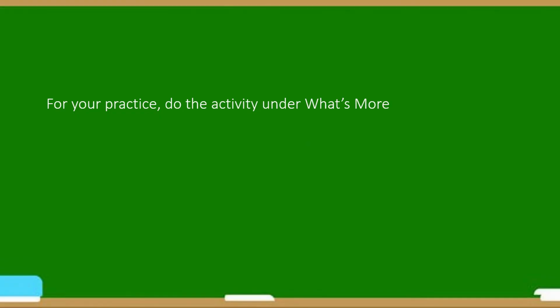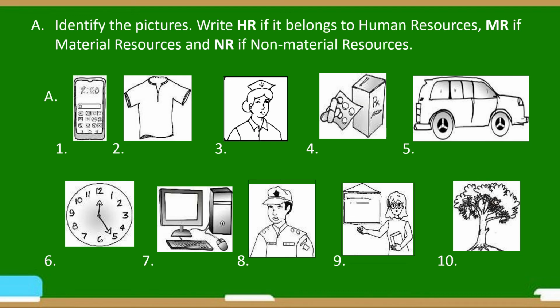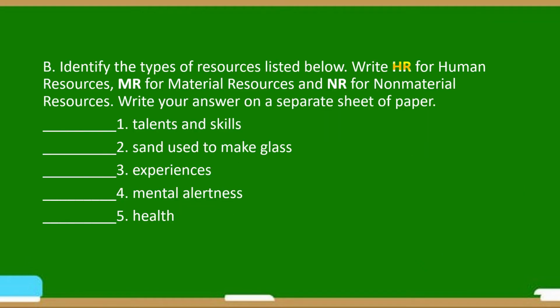For your practice, do the activity under what's more. For letter A, identify the pictures. Write HR if it belongs to human resources, MR if material resources, and NR if non-material resources.